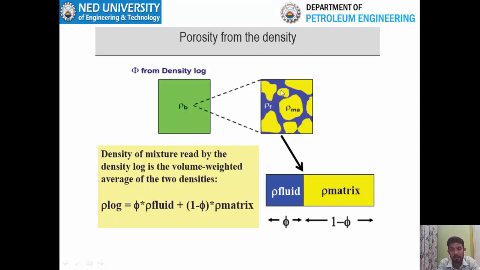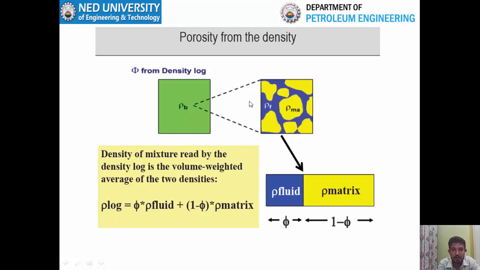So for example, in this condition, 90% of your rock is composed of solids and 10% pores are occupied by a fluid which has a density ρf.